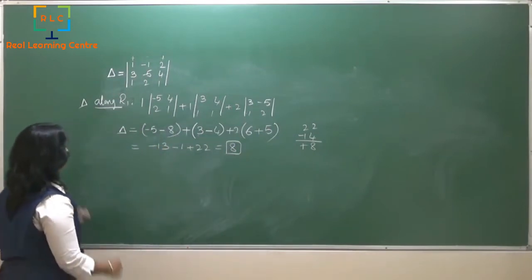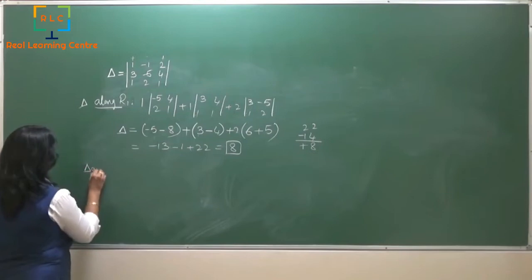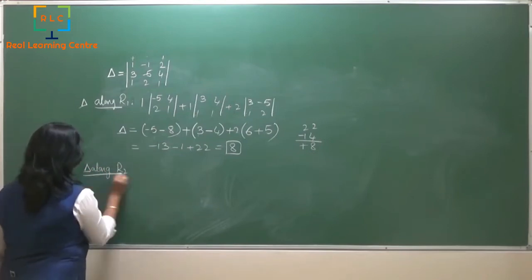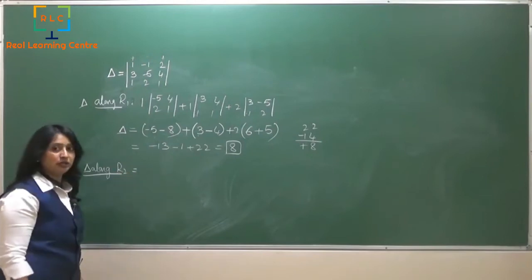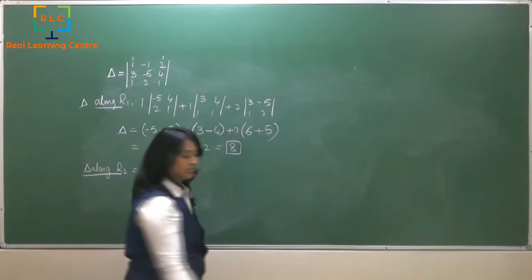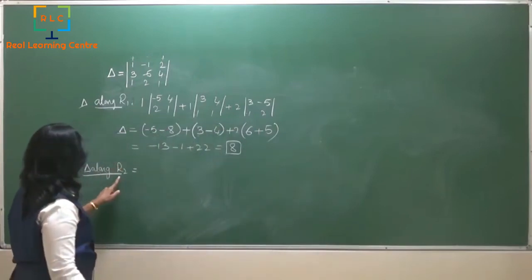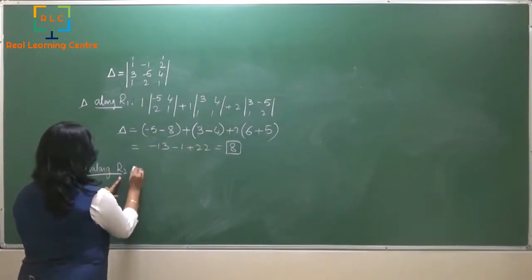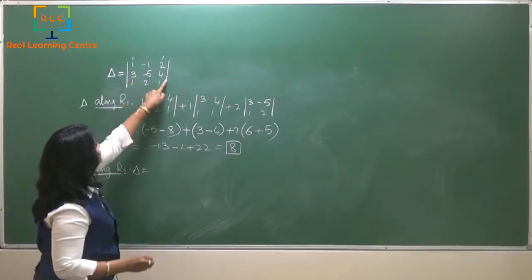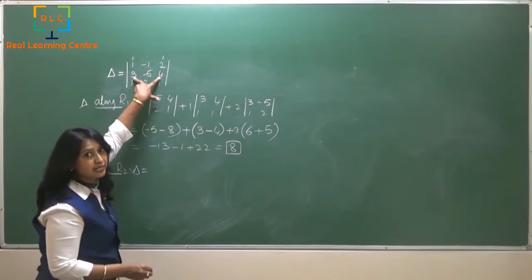Okay, so now let us go to delta along R2. I taught you along R1, I shall take R2, then we shall do along column number 1 also, column number 1 or column number 2, something like that. See, when I come to row number 2, delta is equal to row number 2 elements. These place values will have minus sign, is it not?